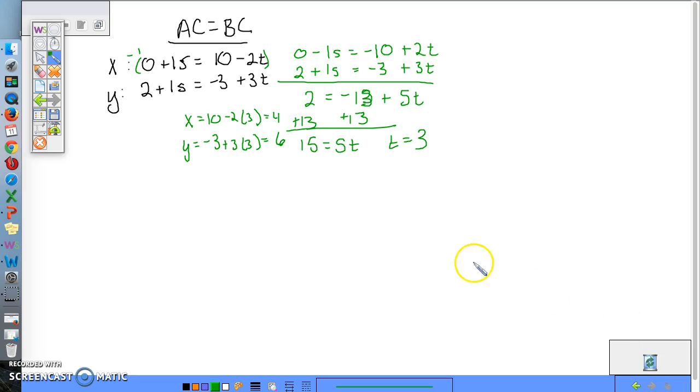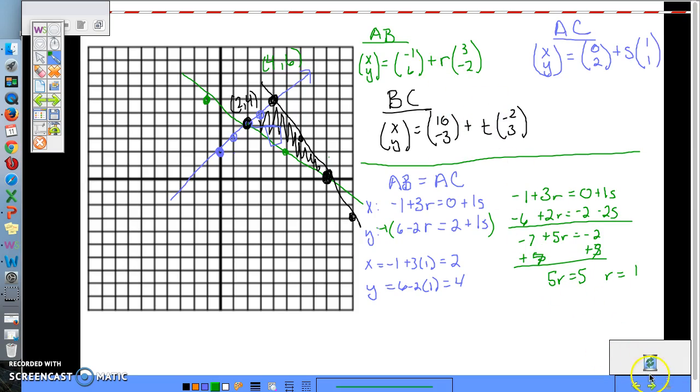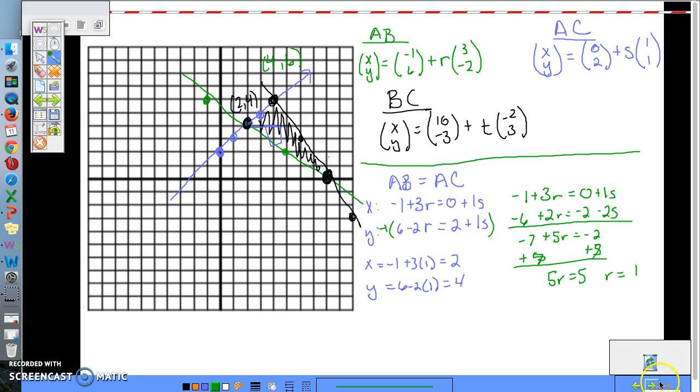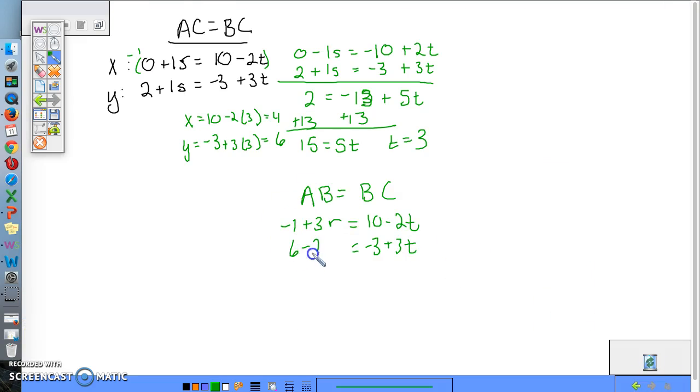Where does AB equal BC? Well, we have our BC ones right over here: 10 minus 2t, negative 3 plus 3t. And we need AB, negative 1 plus 3r, 6 minus 2r. Well, what should we make opposites here? Not the ones directly, so let's do r. This needs to be 6, so if we multiply by 2, negative 2 plus 6r, 20 minus 4t.